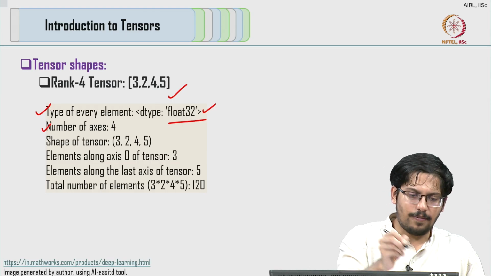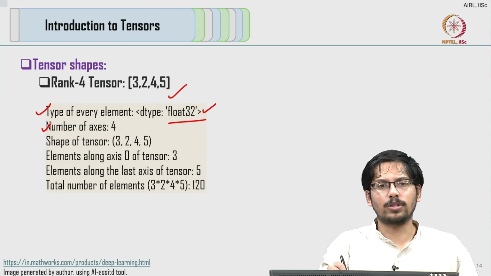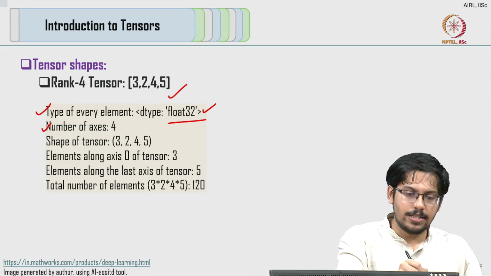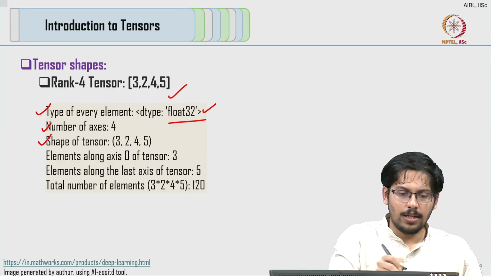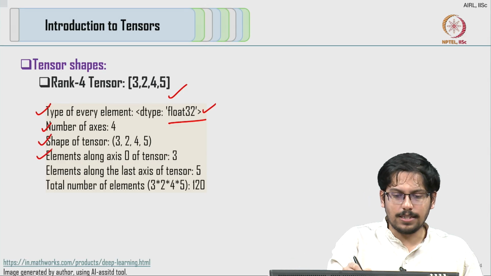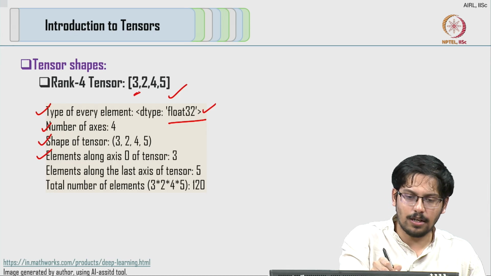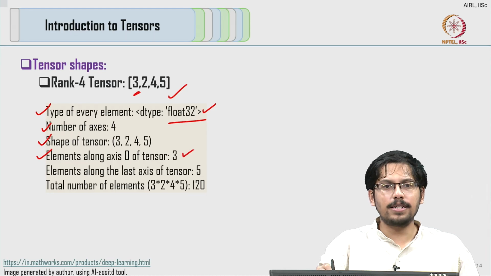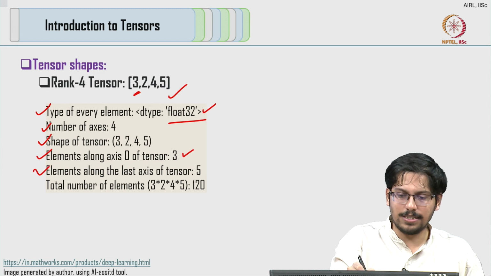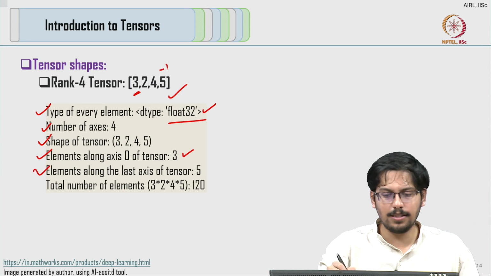Now the number of axes in this particular rank 4 tensor is 4. The shape of the tensor is essentially 3, 2, 4, 5. Now the elements across axis 0, which is the first axis, is 3, right. The elements across the last axis, which is essentially axis -1, is 5.